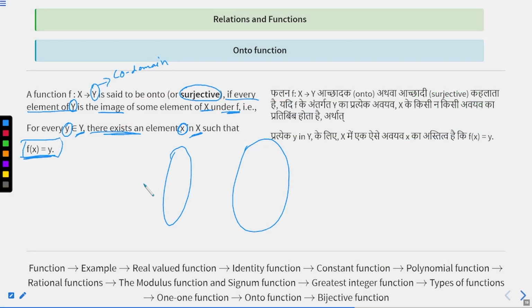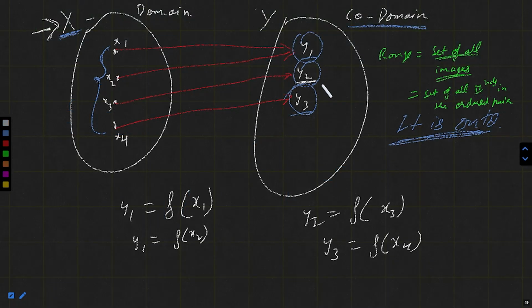So the other way to say that our function is onto or surjective is to show that the range set is equal to the codomain set, because every element must be an image of some element in the domain.